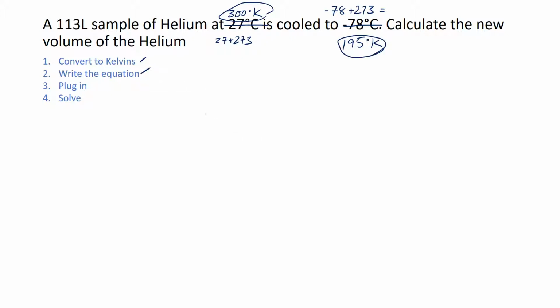Let's write the equation. V1 over T1 is equal to V2 over T2. Right? Next, let's plug in. Let's see, V1, 113 liter sample is cooled, and calculate the new volume. So this has to be V1, right? It's in liters, and it's the first thing. 113 liters.